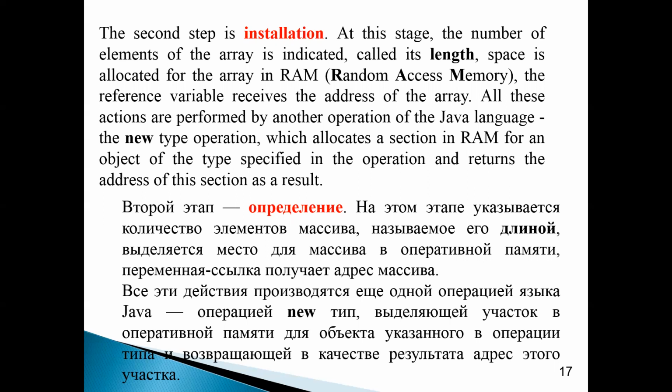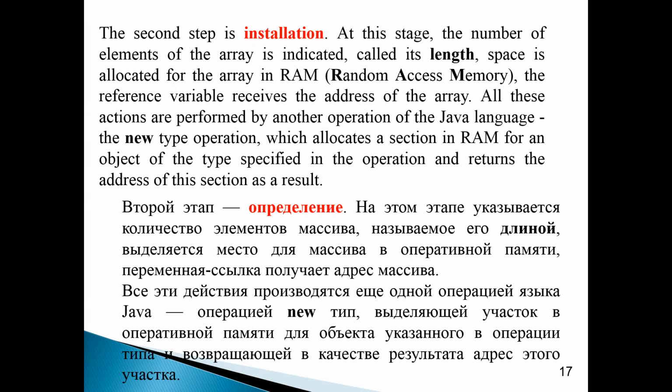Space is allocated for the array in RAM. RAM is an abbreviation for random access memory. The reference variable receives the address of the array.